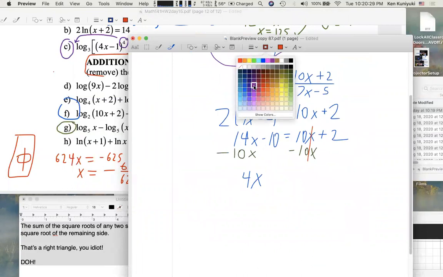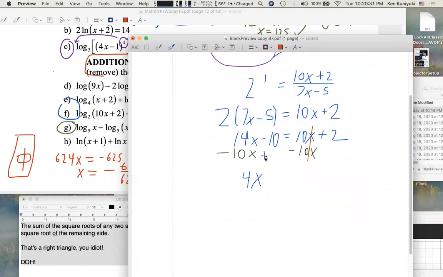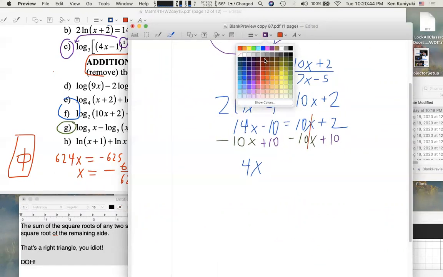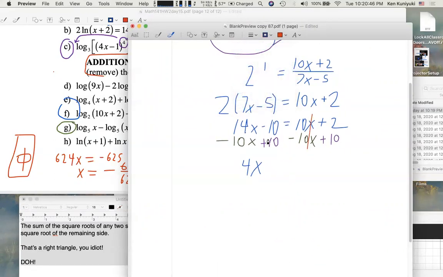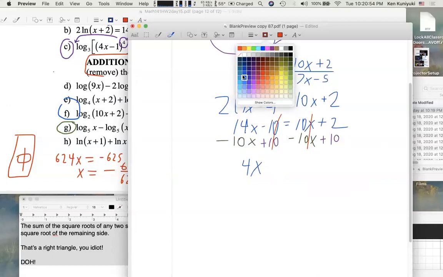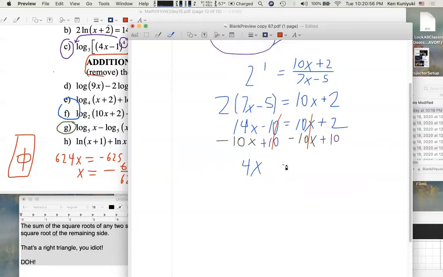You don't have to show this step, but many students like it, so I'm doing this for their benefit. So we end up with 4x here. These add to 0. Equals.